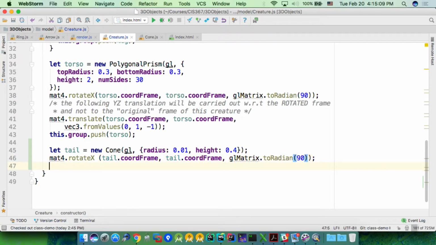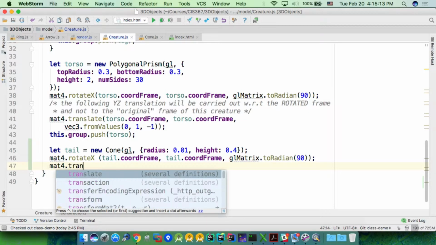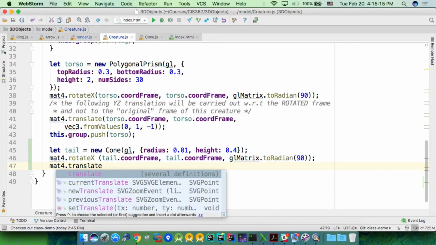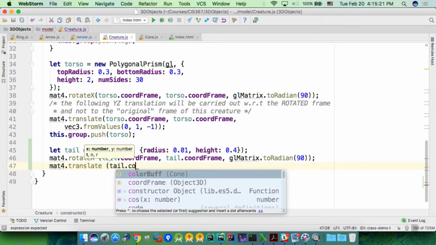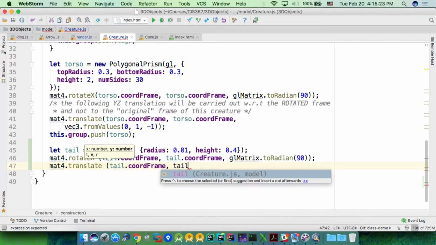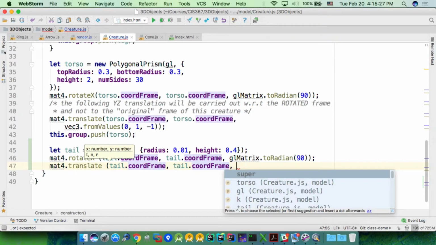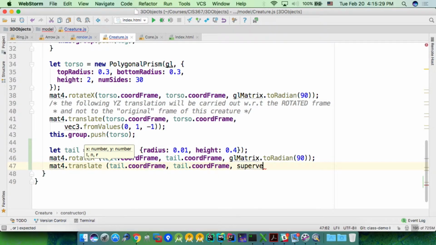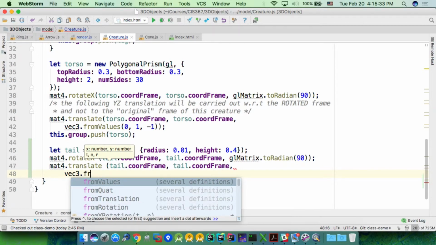Okay, and then we want to translate after that. So mat for translate, tail coordinate frame, tail coordinate frame. What will be the amount of translation? Vec3 from values.